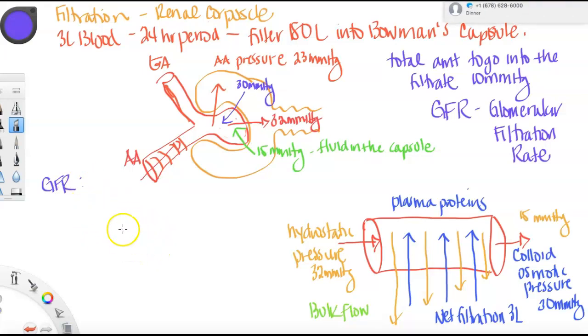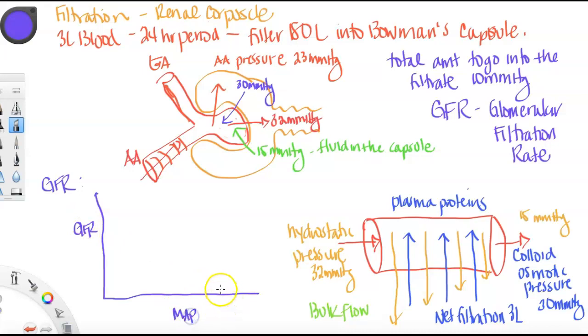If we look at glomerular filtration rate, we have GFR on one side of this little graph and MAP, mean arterial pressure, over here. The mean arterial pressure ranges from 80 to 180.